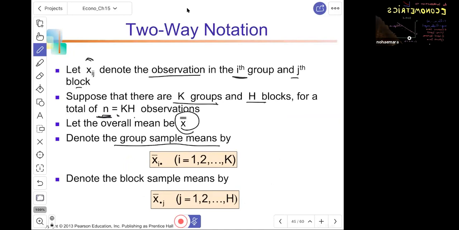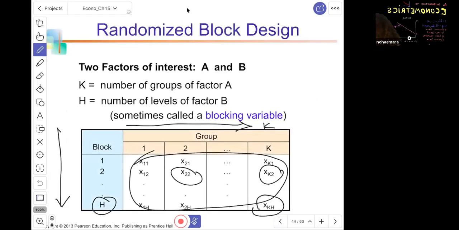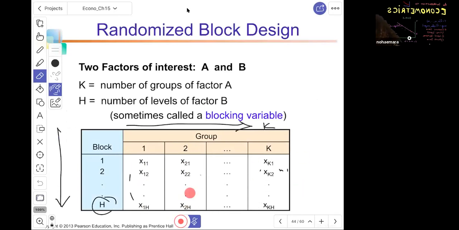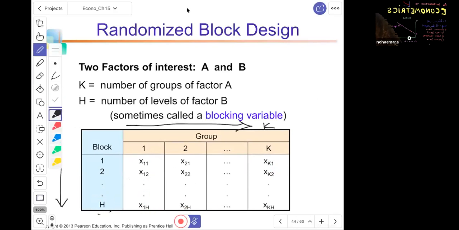To make sure that you understand, let me go back here. If I am computing this, this is the mean of group 1. So I add all these up and divide by the total number.